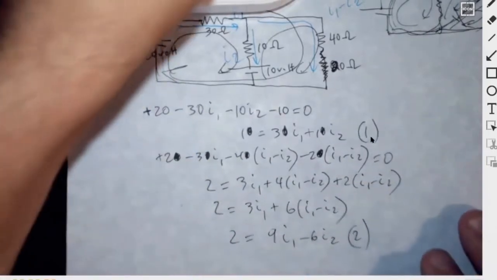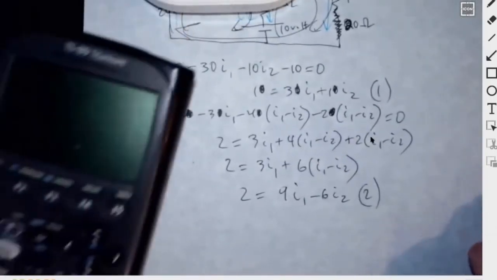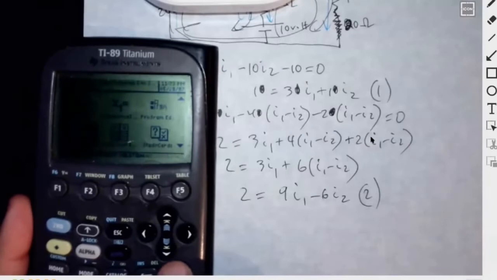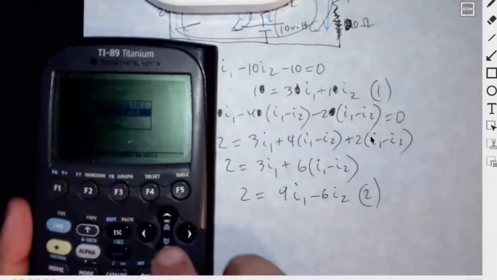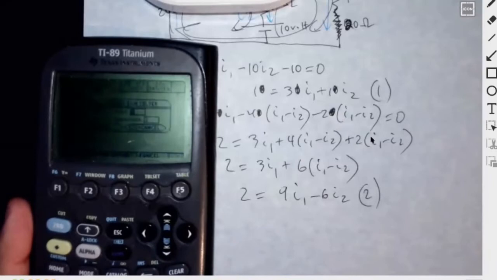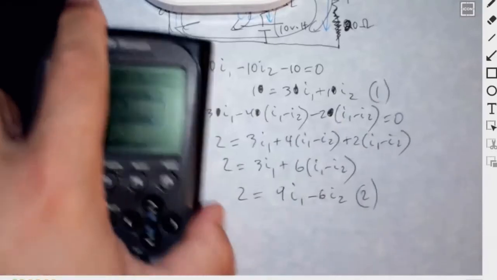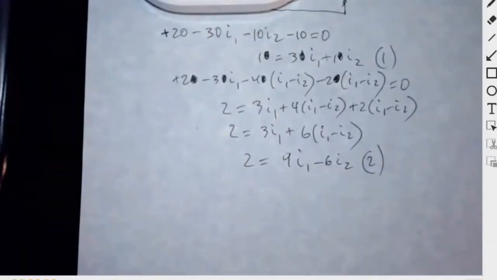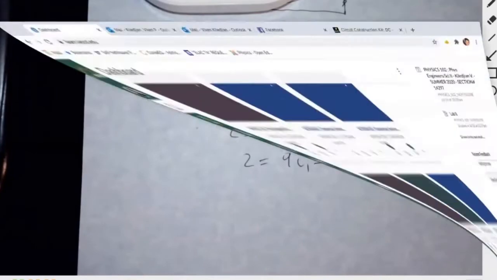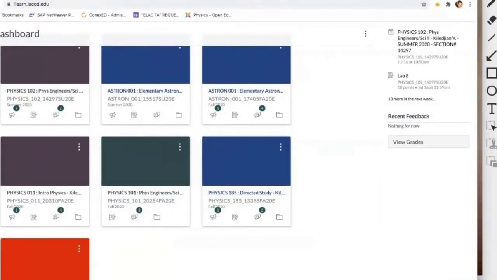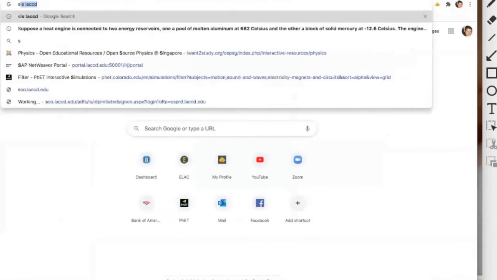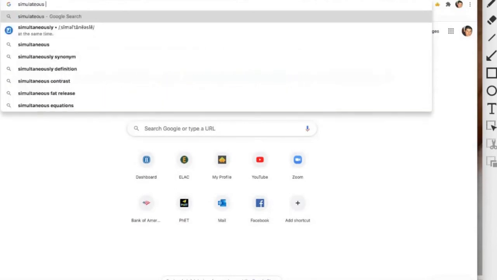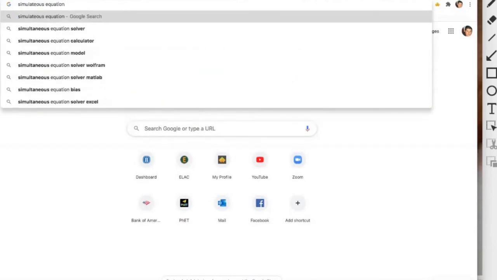So there we go with the simultaneous equation solver again. We could use the one that we found online too, just in case you don't have the simultaneous equation solver. In this case, you can just use the online one. What was it? Simultaneous equation solver.